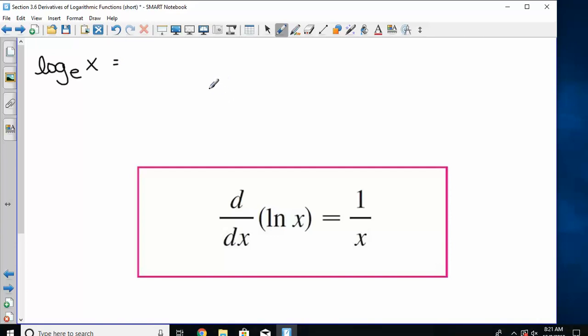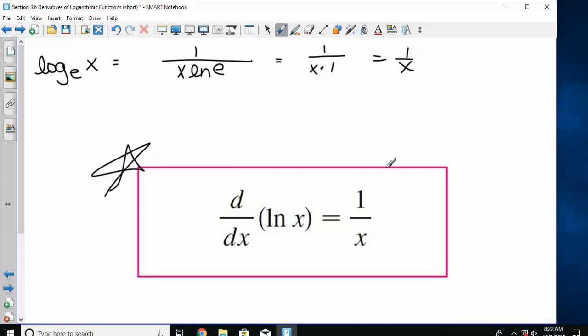So if you followed that formula that we just derived, it would be 1 over the argument times the natural log of your base. But what's the natural log of e? 1. So that's 1 over x times 1, which is 1 over x. So this is the derivative that we are going to prefer. We want to work with natural logs so that our derivative is just 1 over the argument.